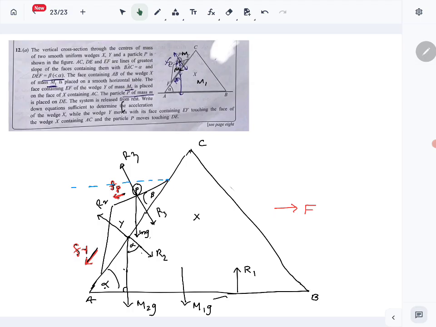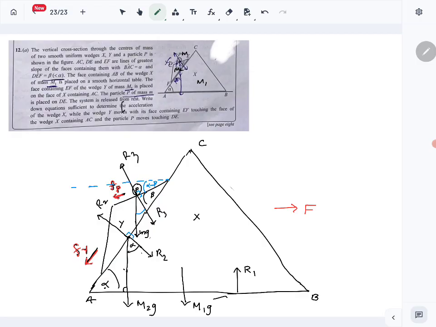Then the small angle is alpha minus beta. That is something we need. And what else? This is 90 degrees, this is 90, this is 90, this is 90 degrees. Okay, we need this angle also.